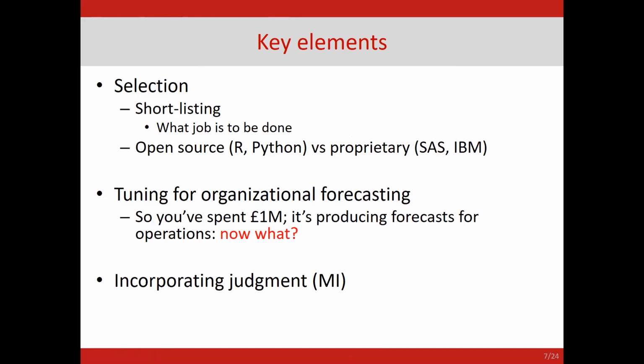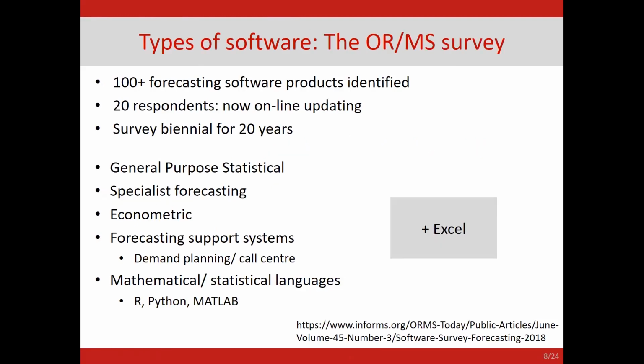Now let's think about the different types of software. As part of the centre's activity, by a series of accidents, we got asked by INFORMS, the US equivalent of the OR Society, to produce a survey of forecasting software. They've been doing this for many years, actually.